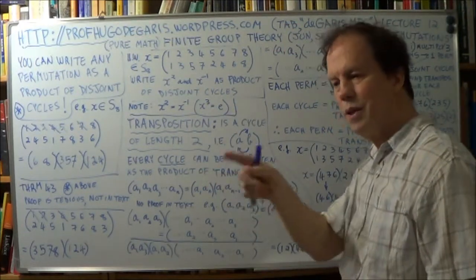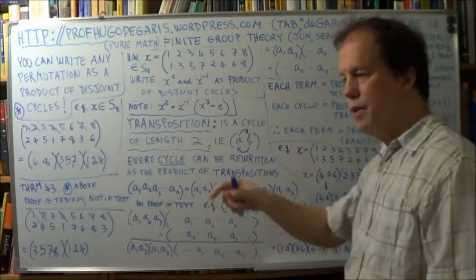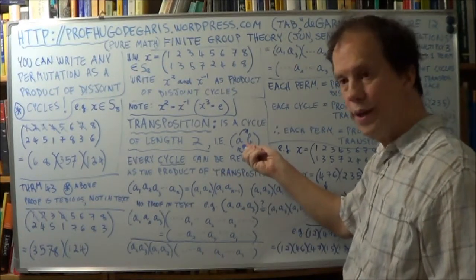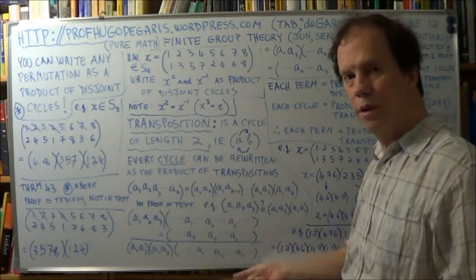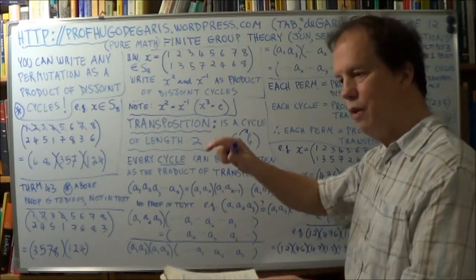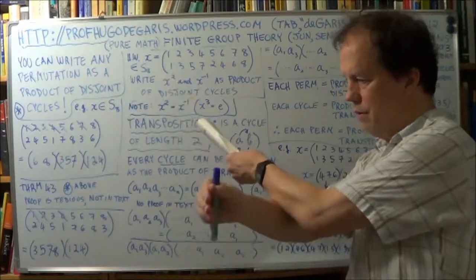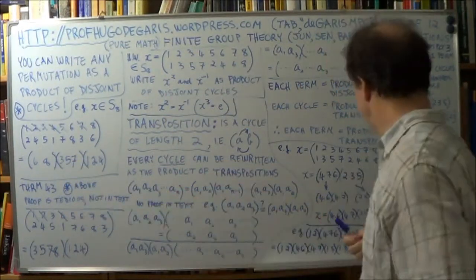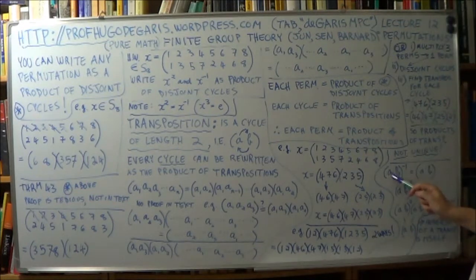And what you started with is just the unit element, E. So if you apply the same transposition twice, you end up with the unit. So the inverse of a transposition is just itself.